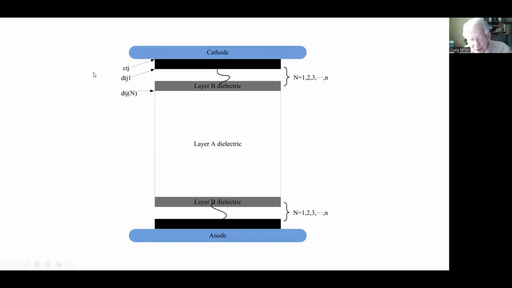It turns out that materials with higher permittivity tend to have lower hold-off voltages than those with more moderate permittivities. I'll get into a little more detail.